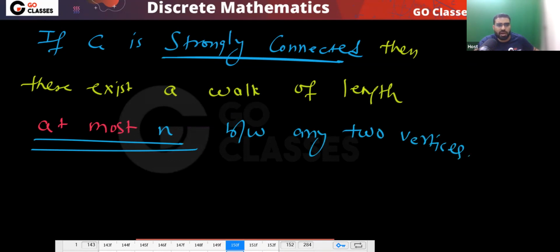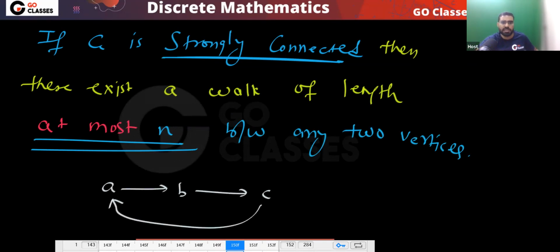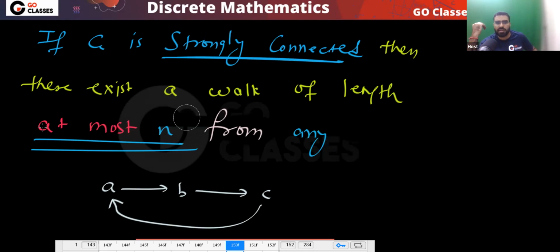Don't take n minus 1 now. For example, A to B, B to C. You can easily see there exists a walk from any vertex to any vertex.